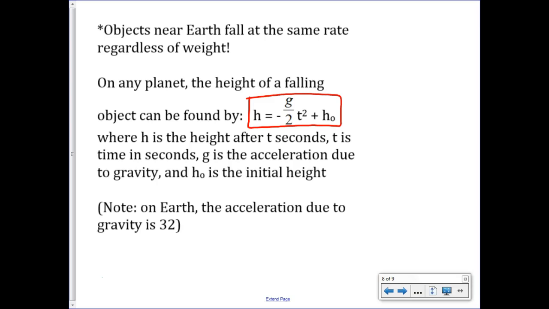So note, on Earth, the acceleration due to gravity is 32. So if we're on Earth, this becomes the opposite of 32 over 2, or 16 t squared plus our starting height.